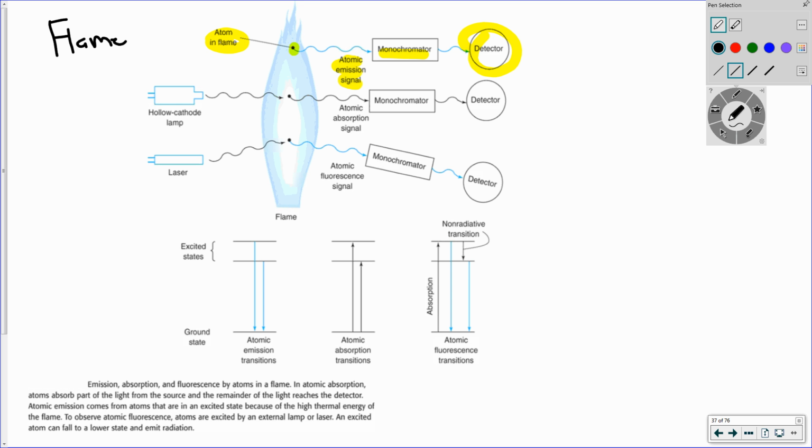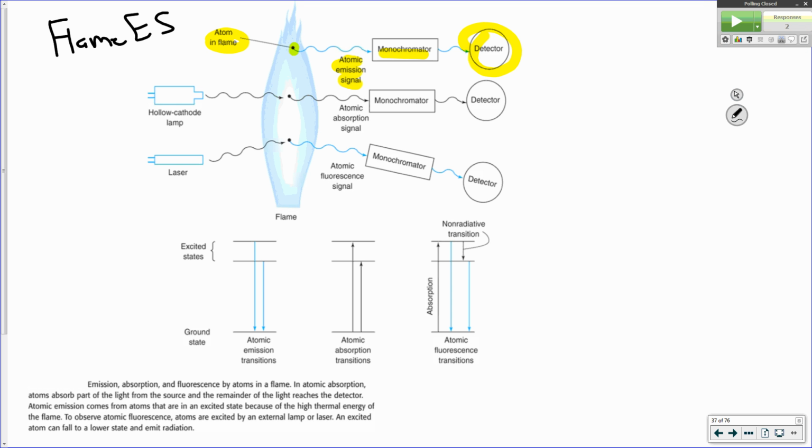All right, and then if we look at our flame AAS, that is where we're going to look at absorption. We're going to take the light from a source, run P naught through, look at how much is transmitted through, and then quantify based on that.